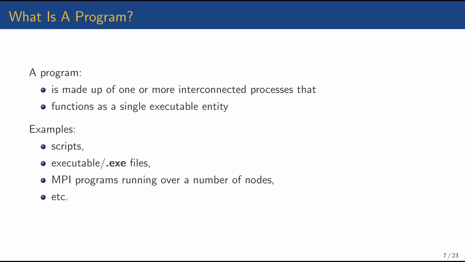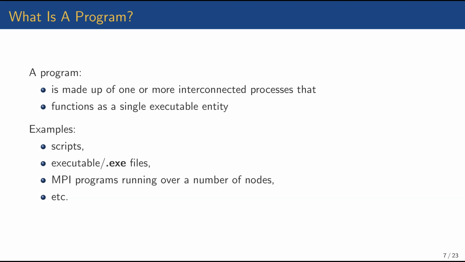Okay, so you might say, well, what is a program? Well, for the sake of our topic today, we'll say a program is made up of one or more interconnected processes. Okay, but it functions as a single entity. So you run it, it's like when you run your job, and hey, it runs all over the place. Great.